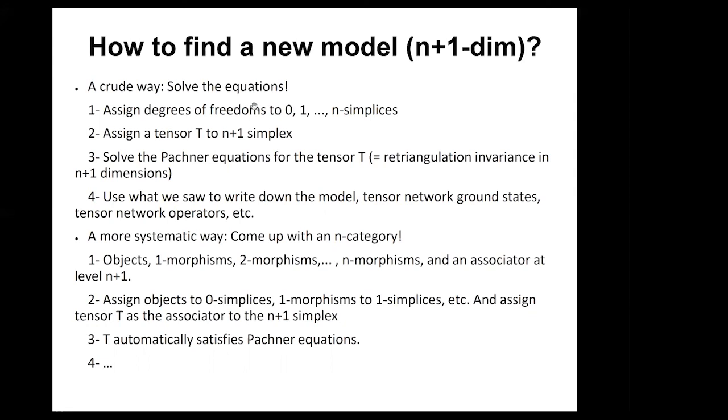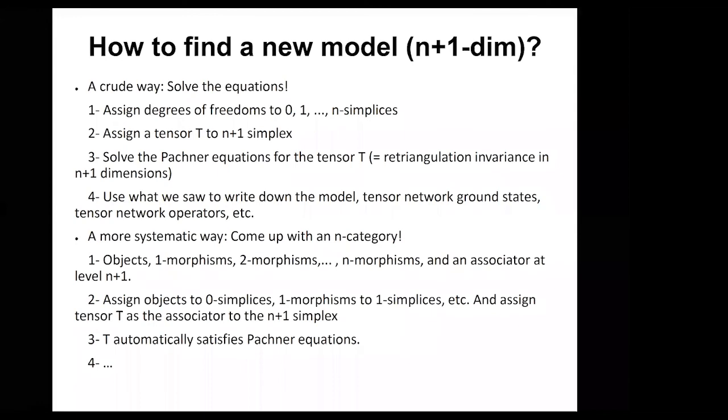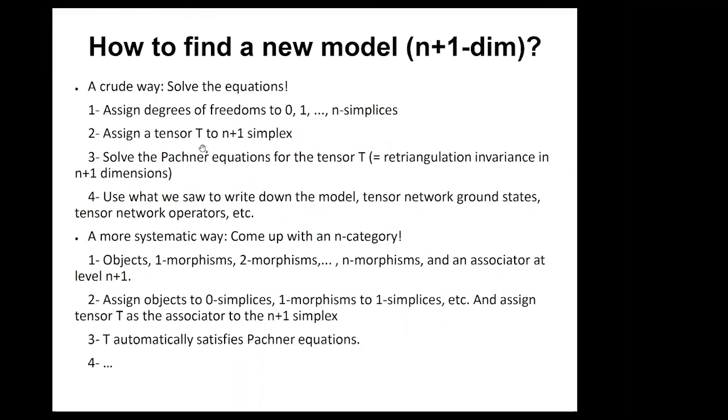A crude way, you just solve the equations, right? You just solve these retriangulation invariance equations, which are provided by Pachner equations. There are finitely many of those. Complicated nonlinear equations, but there are finitely many of them. You assign degrees of freedom to all these lower dimensional simplices, and you get this tensor T. You know what equations you have to satisfy for retriangulation invariance, and you try to solve them.